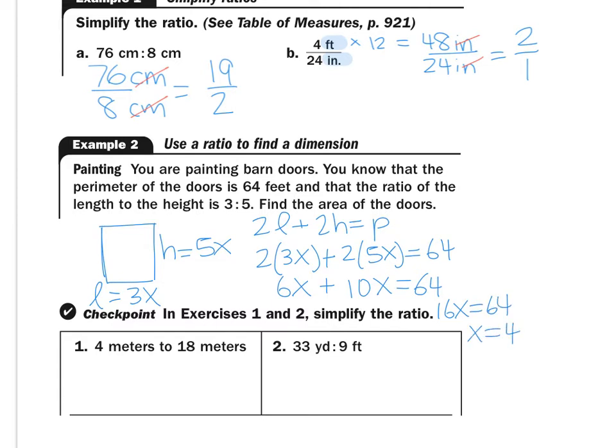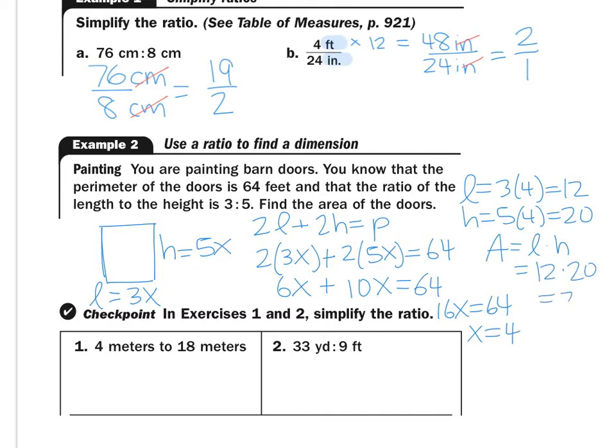X equals 4. So that means my length is 3 times 4, which is 12, and my height is 5 times 4, which is 20. It's asking for the area, which is length times height, 12 times 20, or 240 feet squared.